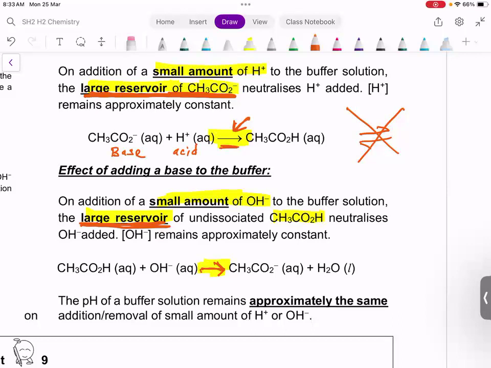So two keywords must be there: a small amount of H plus or OH minus, and a large reservoir of the conjugate acid-base pair. Later on I will emphasize why it must be a small amount.